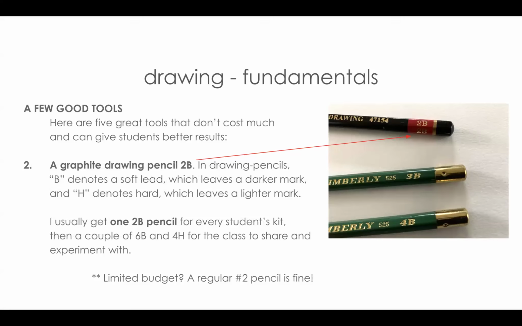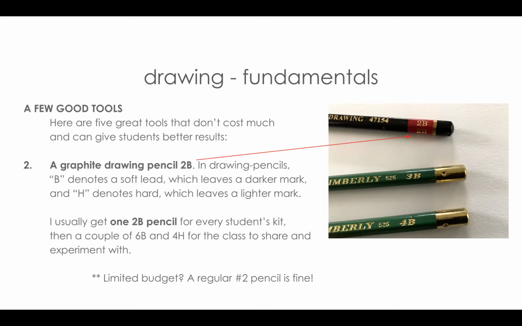Drawing pencils are rated by B and H. This one right here, maybe it's backwards to you, is a 2B pencil, and it's going to make marks that are fairly medium dark. If you want to supplement that, then you might supplement it with something that's called a 6B.